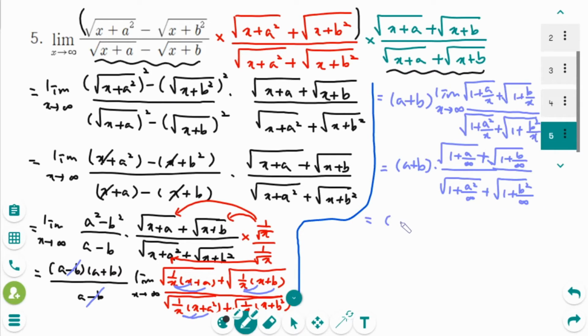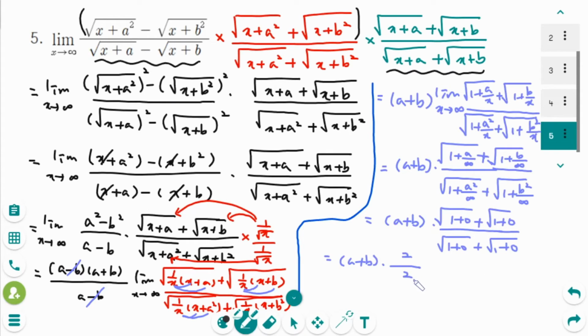So the first one is a plus b times this one is the square root of 1 plus 0 plus 1 plus another 0 over 1 plus 0 plus 1 plus 0. So a plus b is here, and everything is 1. So 1 plus 1 equal to another 1 plus 1 equal to the same. So final answer is a plus b.